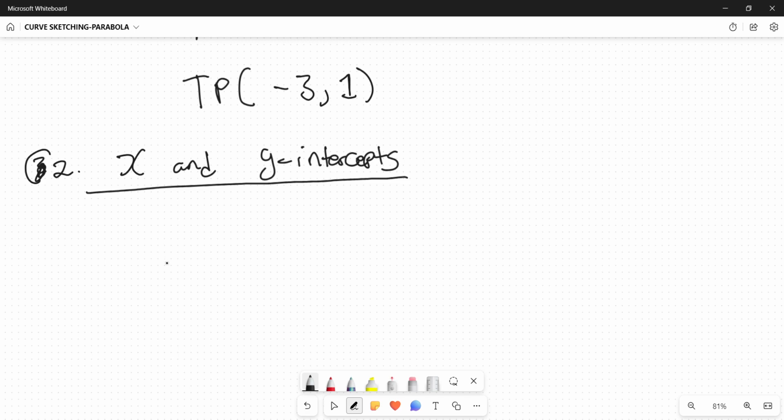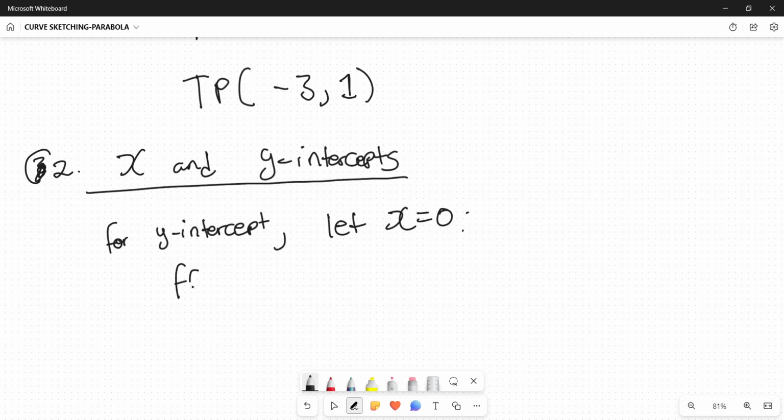To find the y-intercept, we let x be equals to what? To be equals to 0.